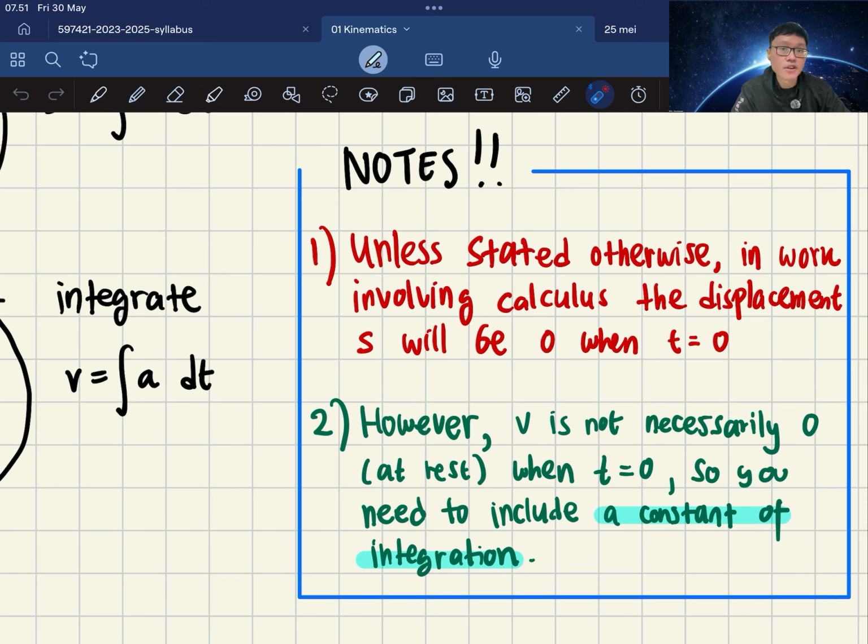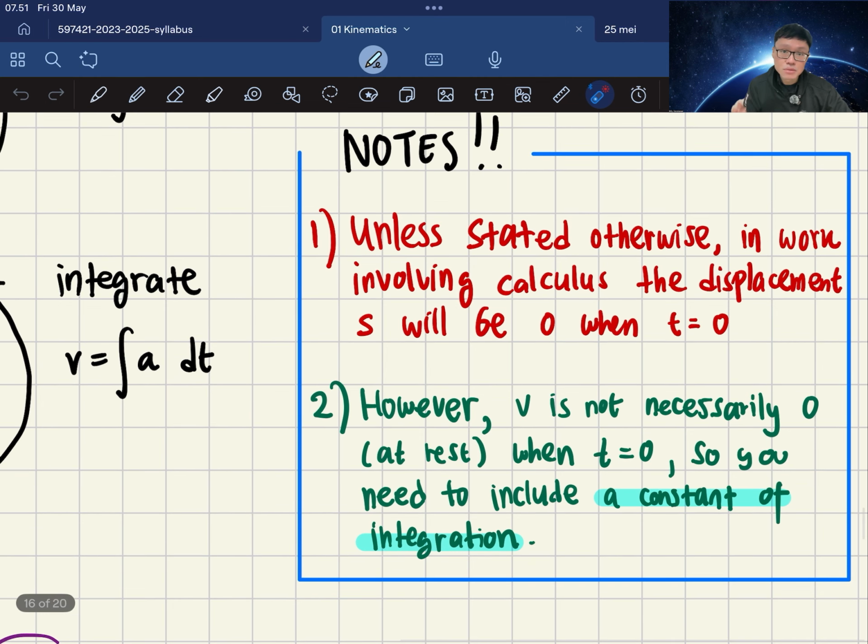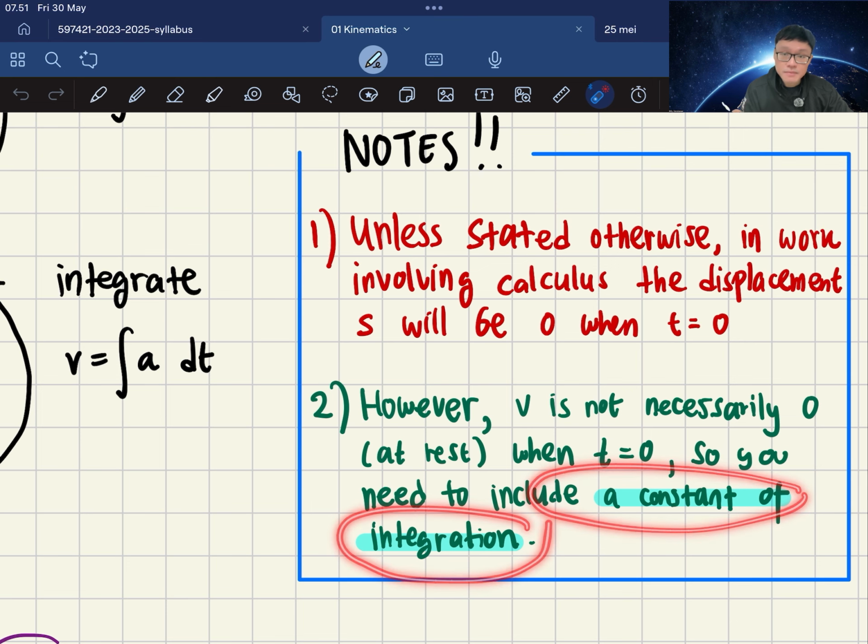That means it starts from the origin. However, we cannot assume that when time is 0, velocity is necessarily 0. It's not always starting from rest. So it's important for you to include a constant of integration when you are using integral method.